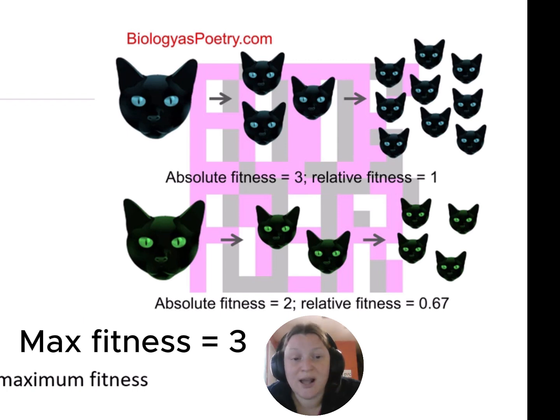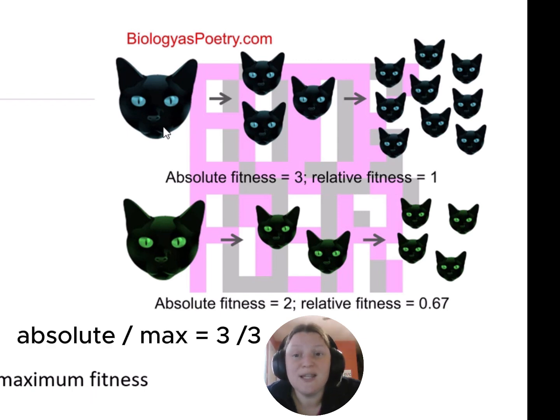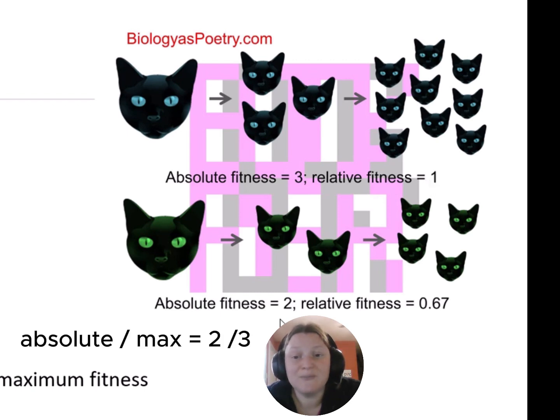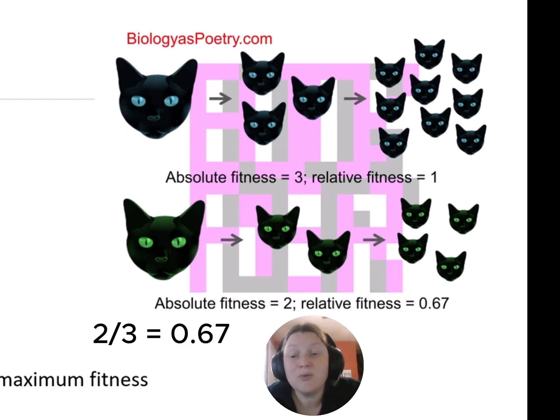We're going to take our absolute fitness divided by that maximum, which will always be 3. For our blue-eyed cats, that means we have 3 divided by the maximum of 3. Her relative fitness is 1. For our green-eyed cats, we have an absolute fitness of 2, and we're going to divide that by the maximum of 3, so we get 2/3, which is 0.67.